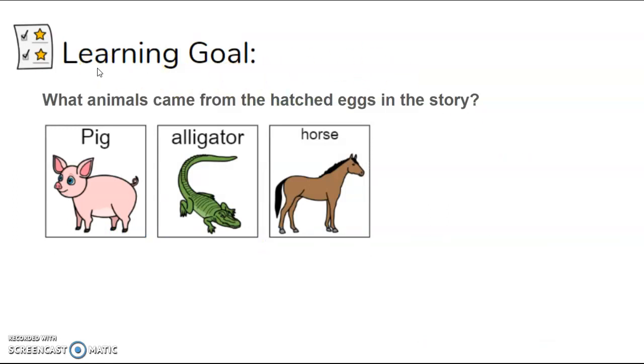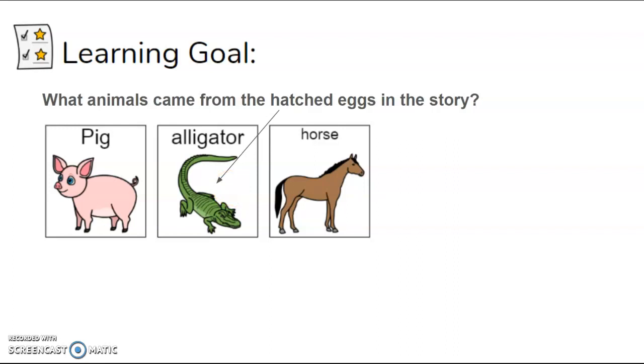And remember in the beginning, I said, let's put our thinking caps on and let's remember what hatched from the egg. So now it's time. What animals came from the hatched eggs in the story? Was one a pig, an alligator, or a horse? Yes, a baby alligator hatched from one of the eggs.